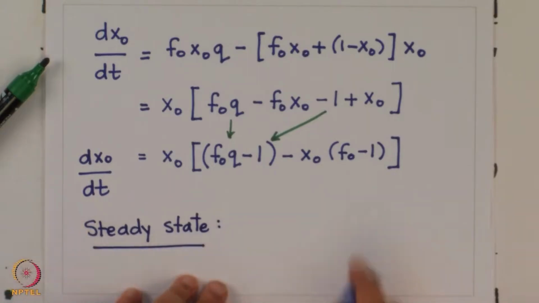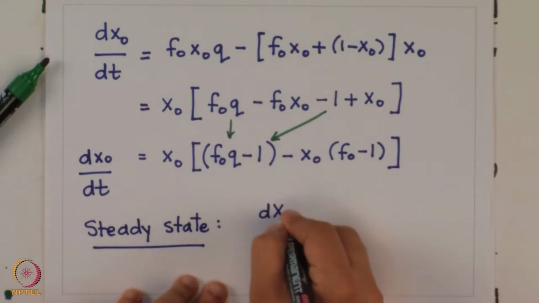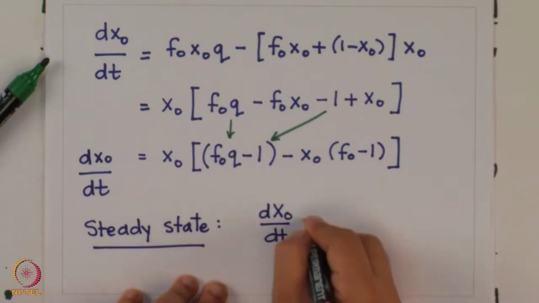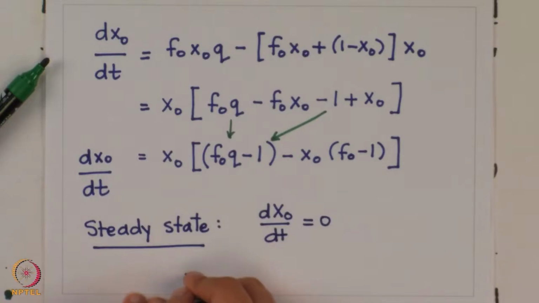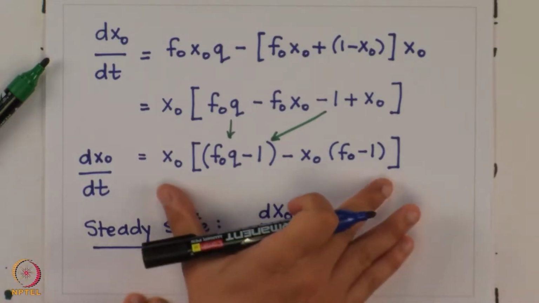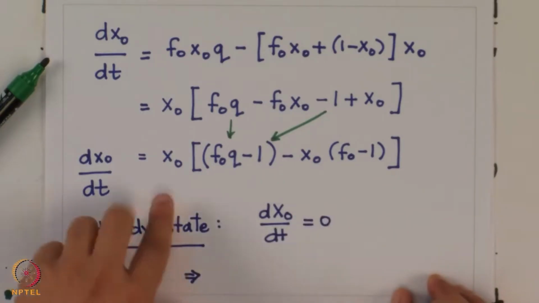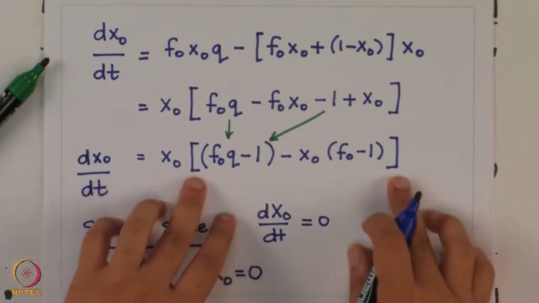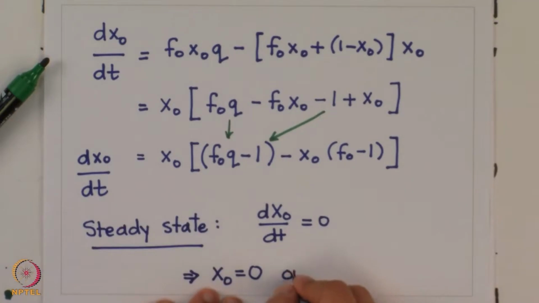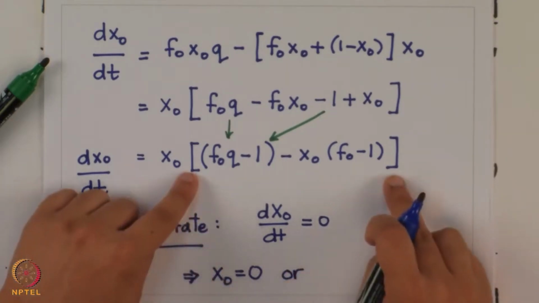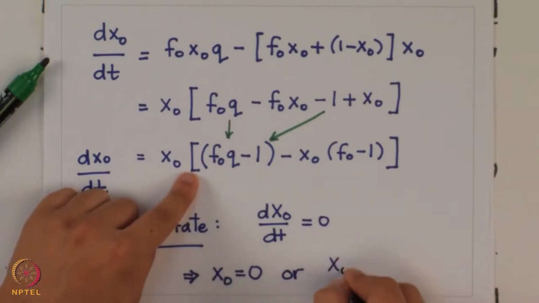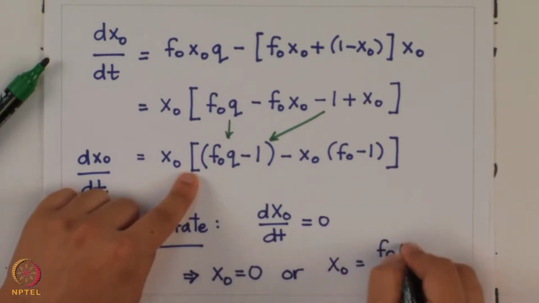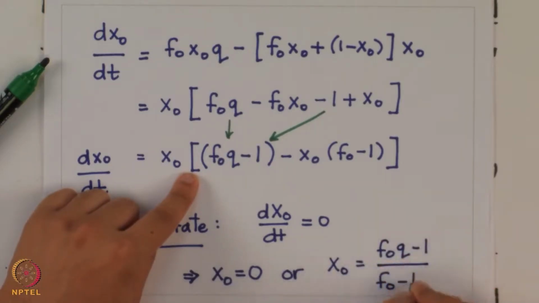That steady state can be obtained when we put dx0 by dt equal to 0, which gives me that this expression is equal to 0 when either x0 equals 0, which immediately leads me to 0 times this whole quantity, which is 0, or the quantity within the brackets is equal to 0, which is true when x0 is equal to f0 q minus 1 upon f0 minus 1.